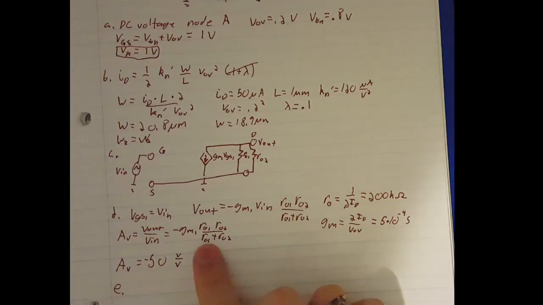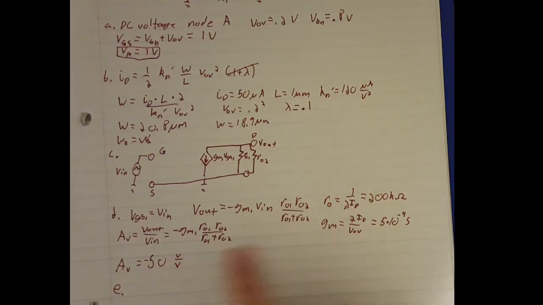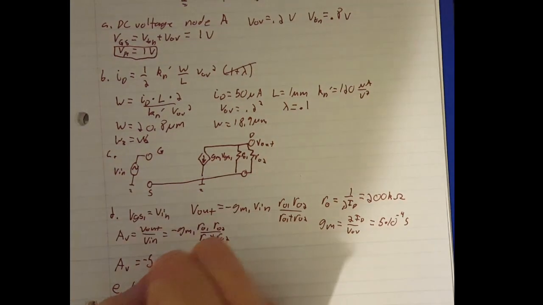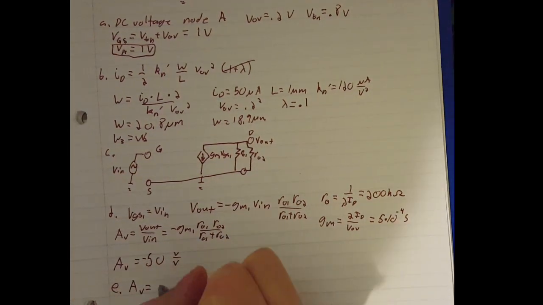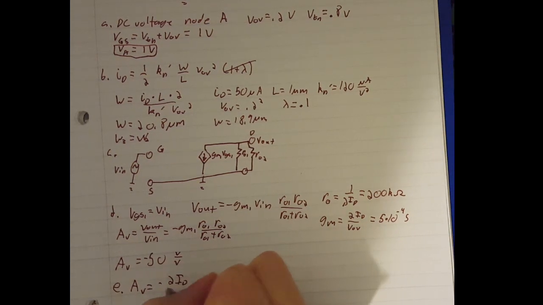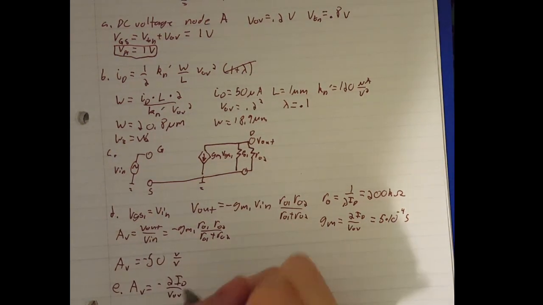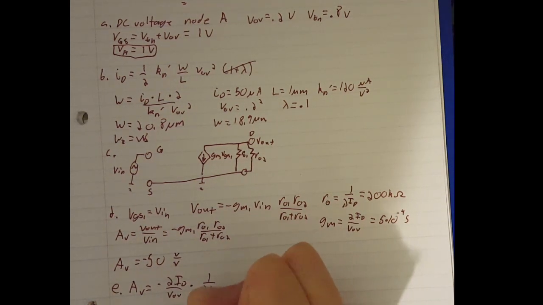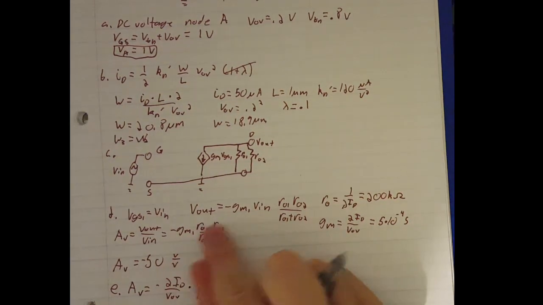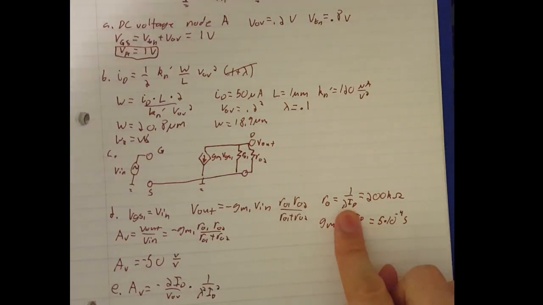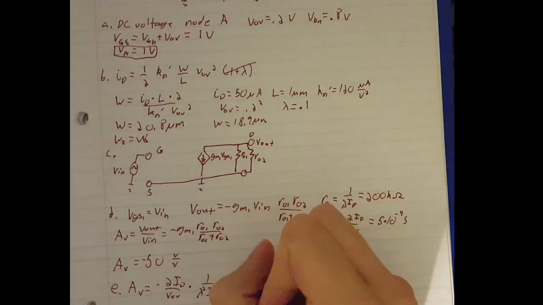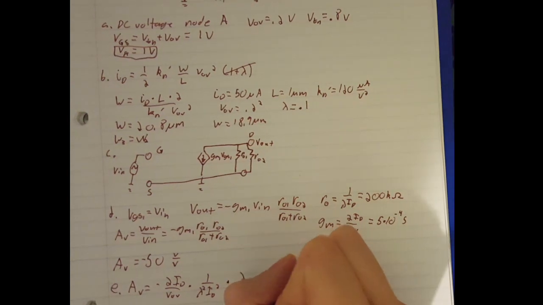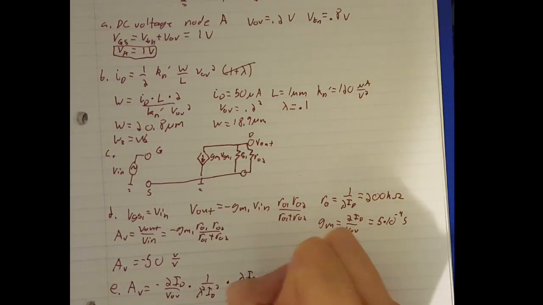Well, let's take this equation and plug in these for this. And so we'll get AV equals negative 2ID over V over times 1 over lambda squared ID squared, which is just, these are the same because lambda and ID are the same for both, times this is lambda ID over 2.